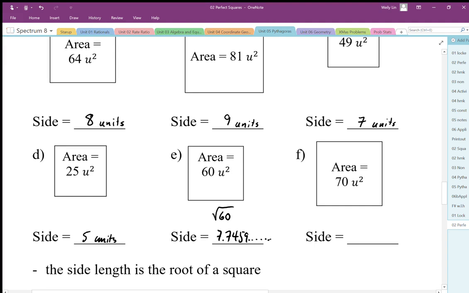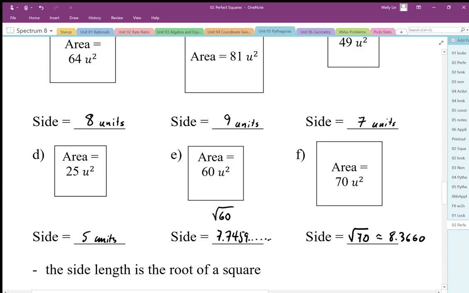Same thing here. To find exactly 70 squares in this area, I need an edge length of square root 70. And again, if I plug that into my calculator, it's not a nice number. Okay, if I go square root of 70, it gives me 8.366600... Okay, so it's not a very nice number.